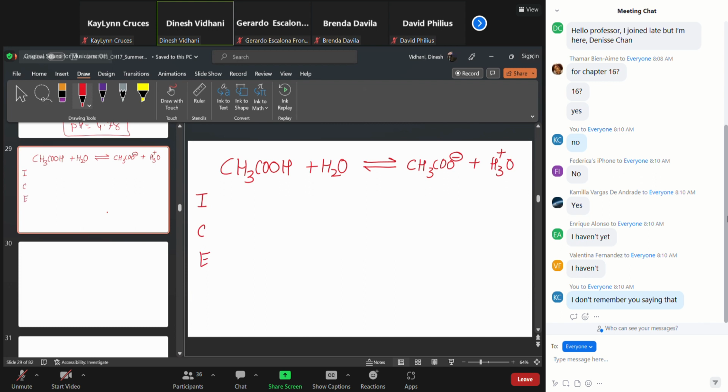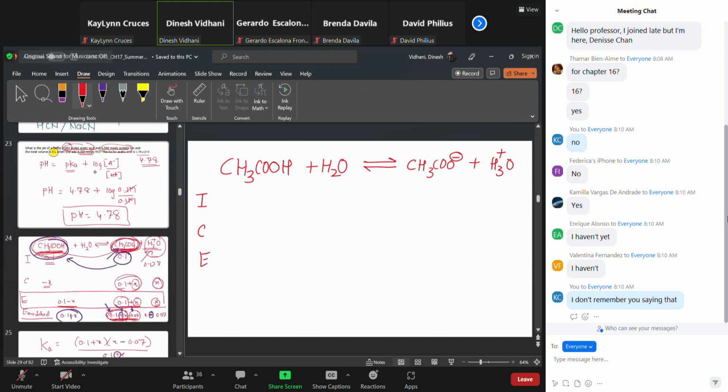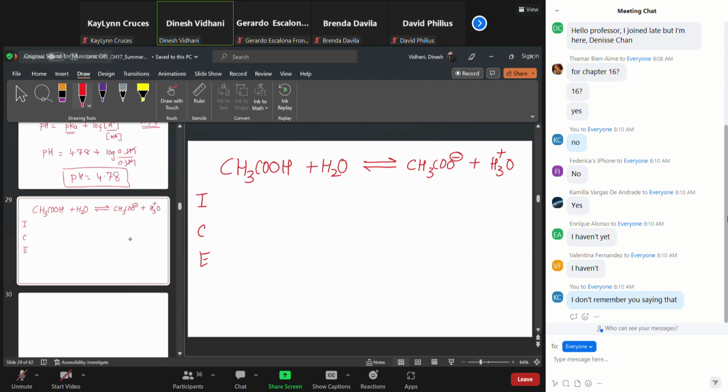And this buffer, which you just found, was 0.1 molar in acetic acid and 0.1 molar in acetate. So I'm going to write down the same thing: 0.1 molar in acetic acid, 0.1 molar in acetate. So far, so good. All of you agree with me so far on this?